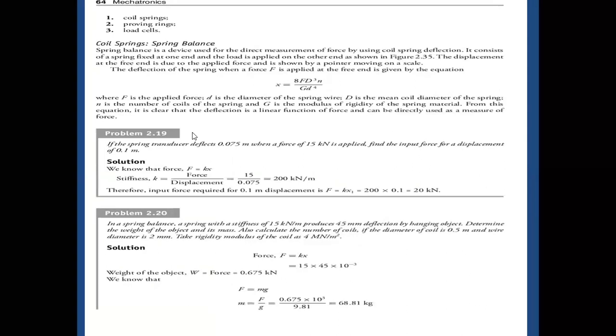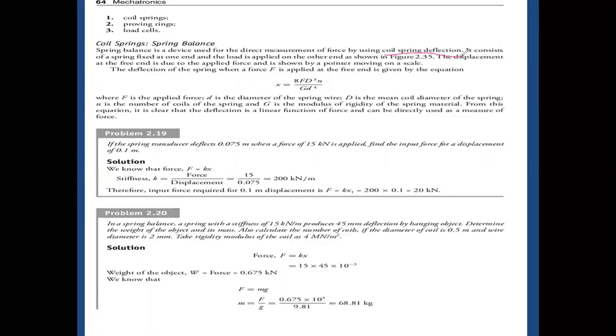Okay, in the coil springs we have a formula like this one. Before that, let me describe the spring balance. The spring balance is a device used for the direct measurement of force by using coil spring deflection. So the main note here is the coil spring.